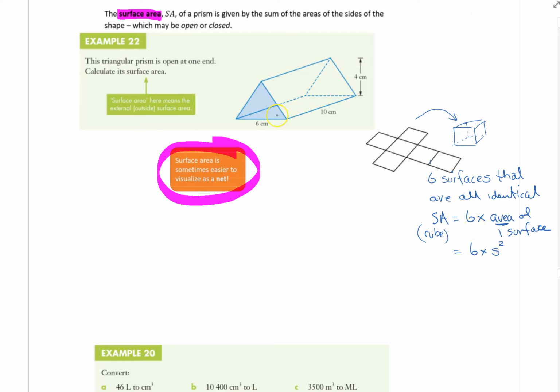That is a really simple example. This one, however, that I'm going to demonstrate for you is not so simple. If I was to open it out flat and create its net, we would have a rectangle for the base, a rectangle on the side that makes the sloping side, another rectangle out here that slopes up, and the two ends are your triangles.